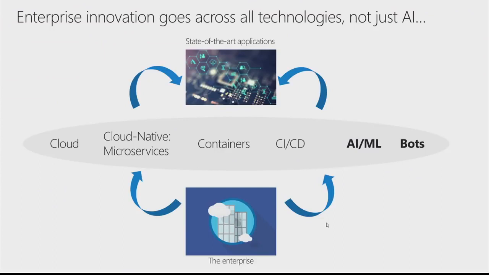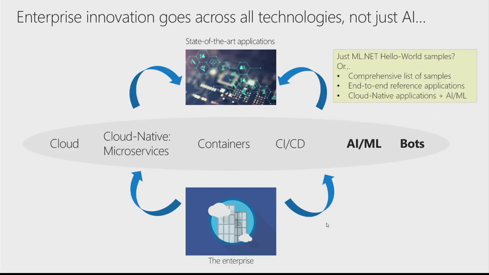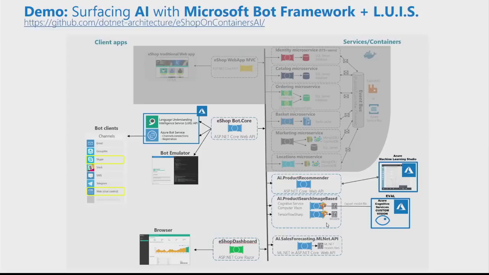So that's why we are also releasing this sample, or this reference application that I was showing. You can see that in eShop on Containers AI is what you see in the whole picture, but eShop on Containers, just the reference application for microservices, would be the application that is grayed out here. And then we are extending that with AI with the demos that I showed, and also with a bot, which is the demo that I'm going to be showing now.